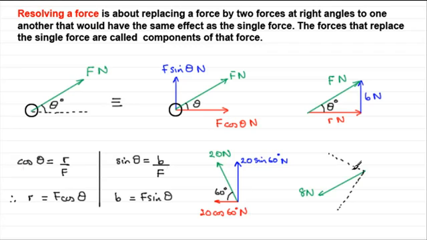Let's suppose that angle in there is 65 degrees. Your job is to tell me what this component is going to be and what this component is going to be. You might like to pause the video for a moment and think about that. When you're ready, come back and I'll run through this with you.